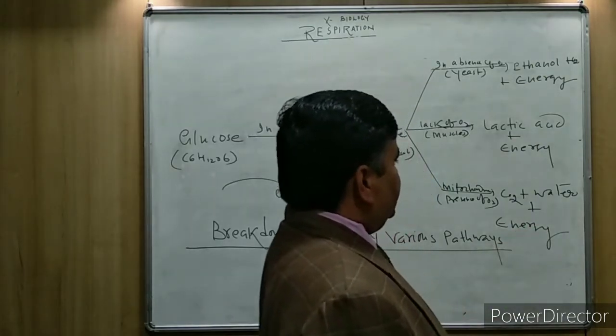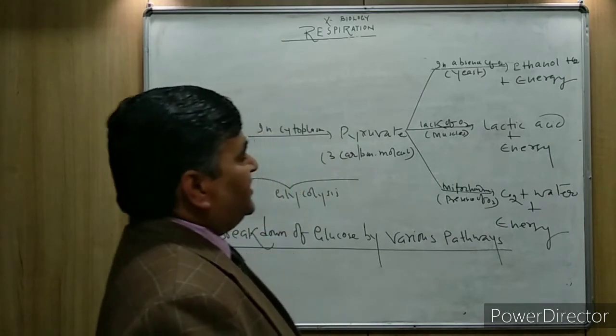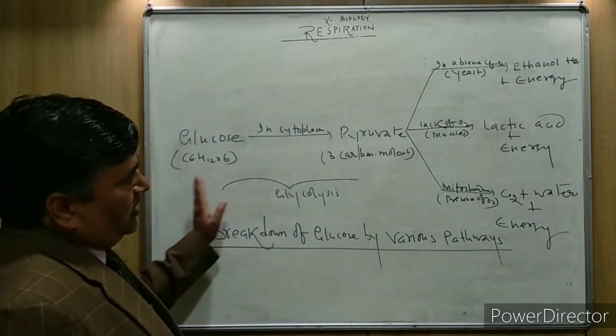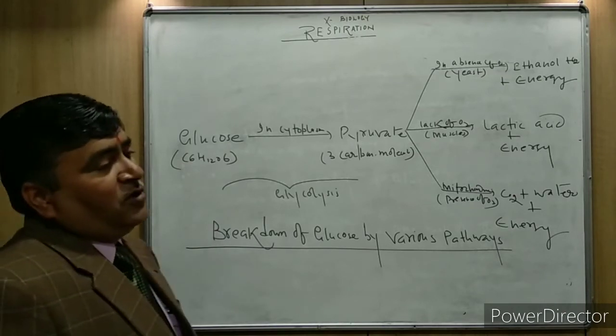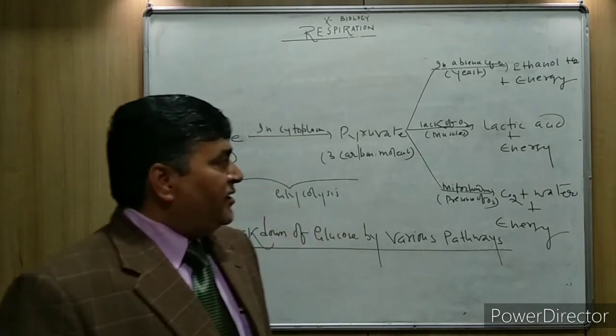Here, more energy is produced, and this step occurs where? Inside the mitochondria. So, these all are the steps that how glucose molecule is going to be broken down.